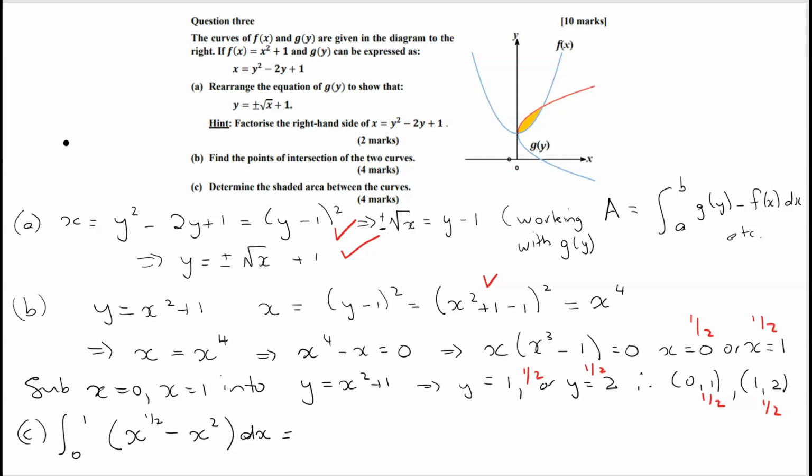Okay, do those individually. That would be x to the 3 over 2 over 3 over 2 minus x to the, what am I doing? x to the 3 over 3.